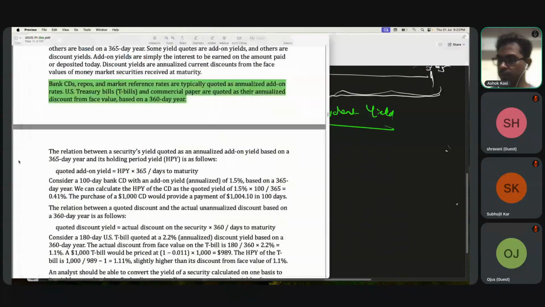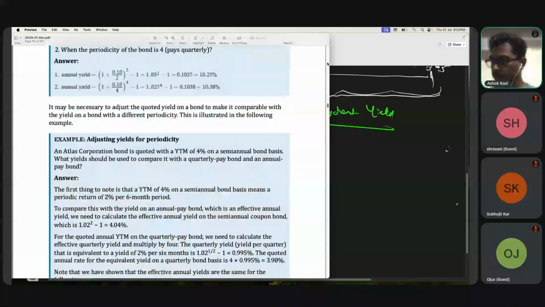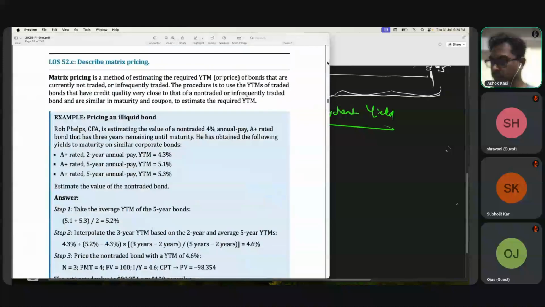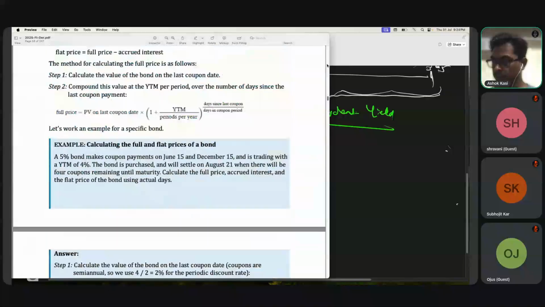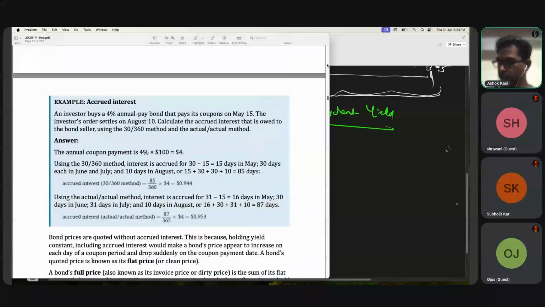You remember this sum, clean and flat price, accrued interest using 30 by 360.